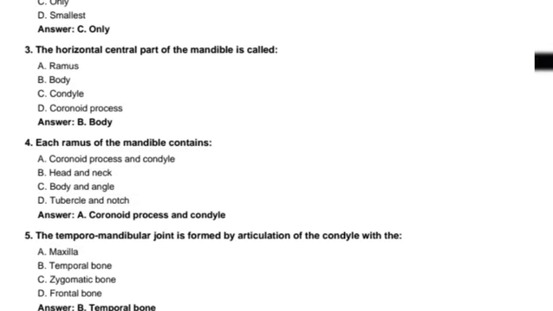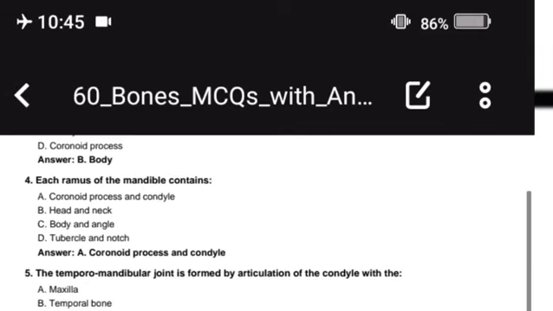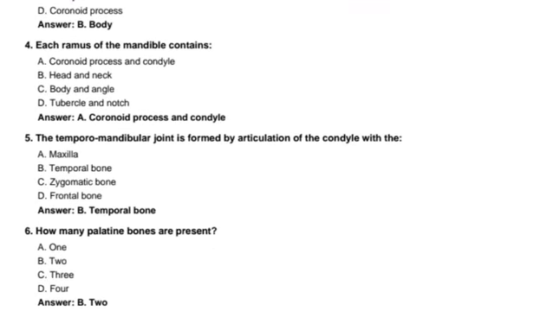The right answer is option A coronary process and condyle. Question number 5. The temporomandibular joint is formed by articulation of the condyle with the option A maxilla, option B temporal bone, option C zygomatic bone, option D frontal bone. The right answer is option B temporal bone.